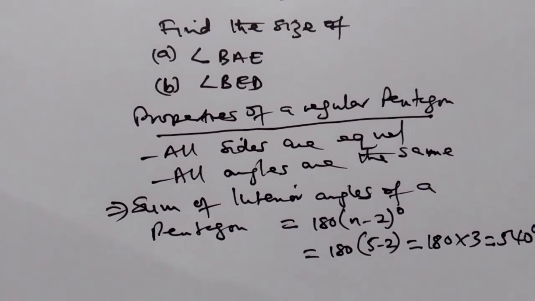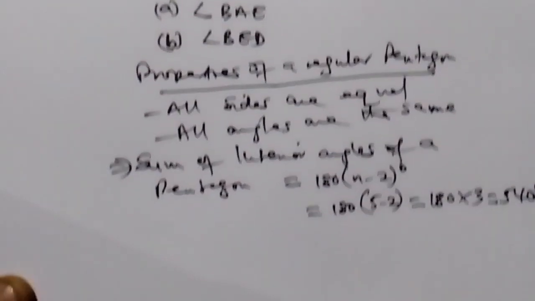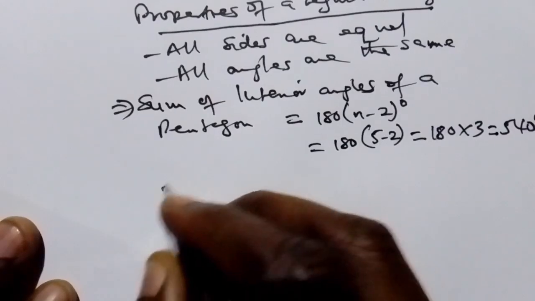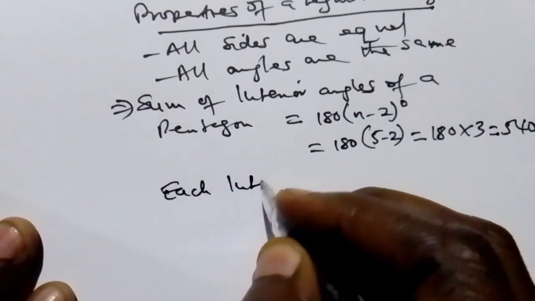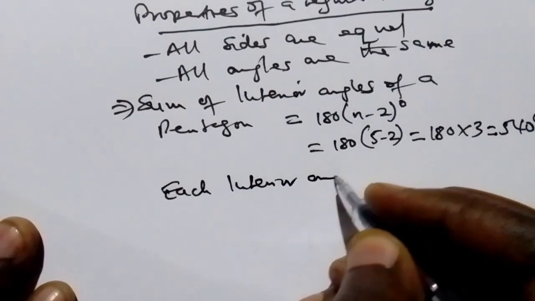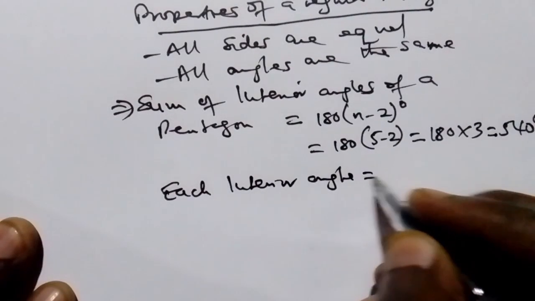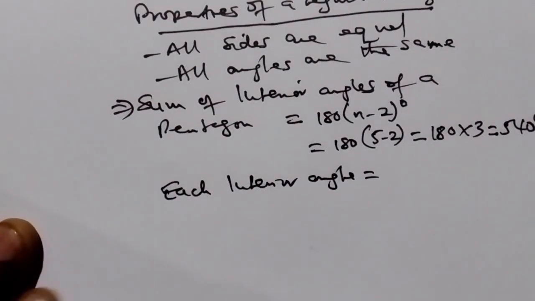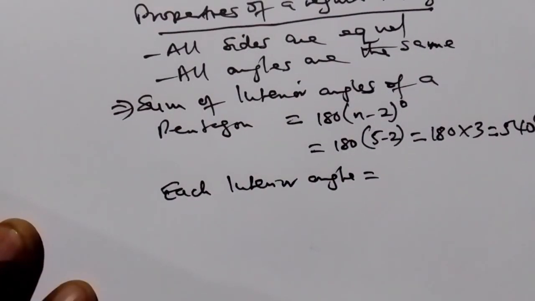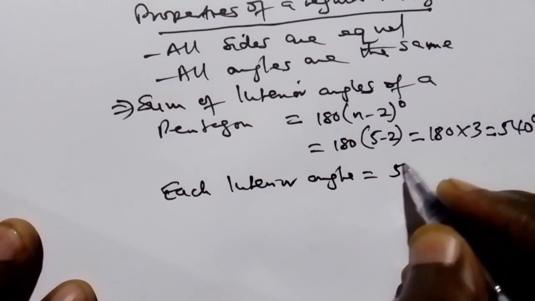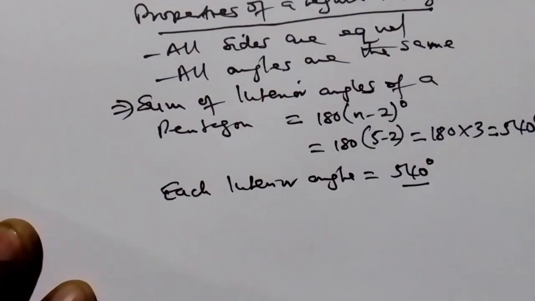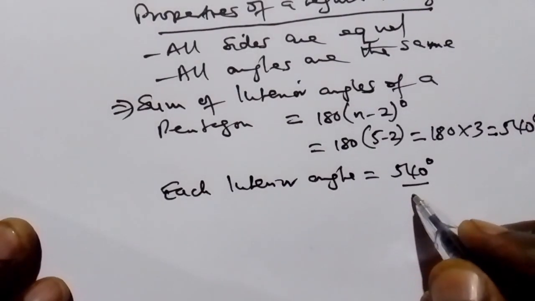So how can we find each interior angle of this pentagon? Each interior angle is given by 540 degrees divided by the number of sides, which is 5.